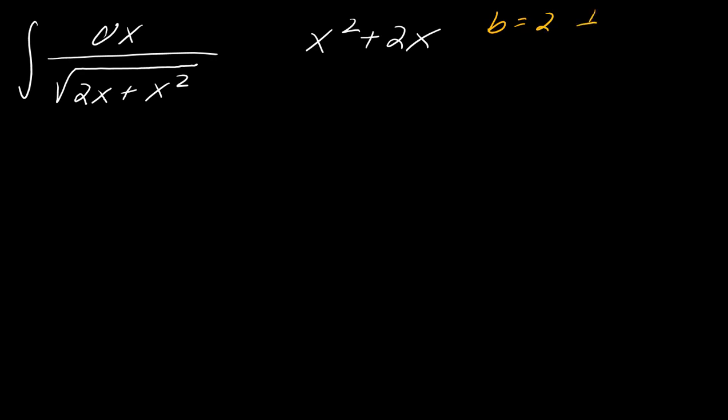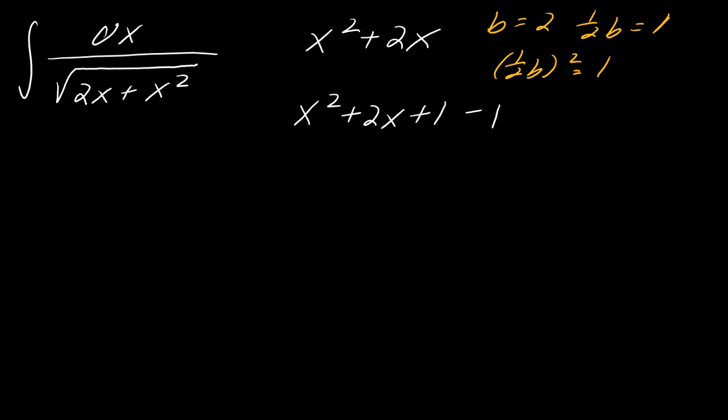And so my b is 2, my half b is 1, and my half b squared is 1. So I'm just going to do my magic over here on the side, and then I'll deal with the integral in a second. So I'm going to have x squared plus 2x plus 1 minus 1. And so then I can rewrite this as x plus 1 squared minus 1.